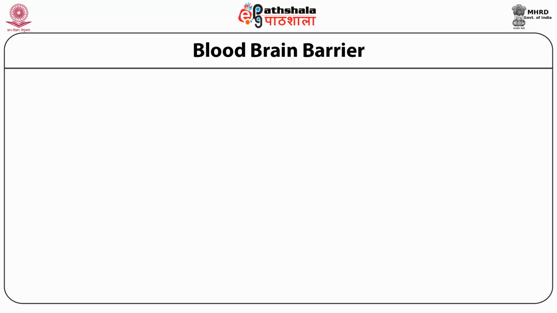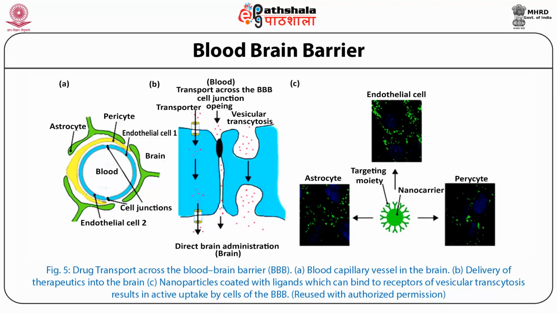In this figure, you can see the blood-brain barrier across the endothelial cell as well as the cell junctions present on the blood side. The endothelial cells are enclosed by the pericyte membrane as well as the astrocytes. So the transport of a drug across the blood-brain barrier needs vesicular transcytosis for the internalization process in case of direct brain administration.